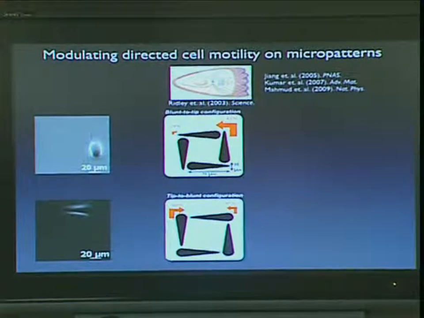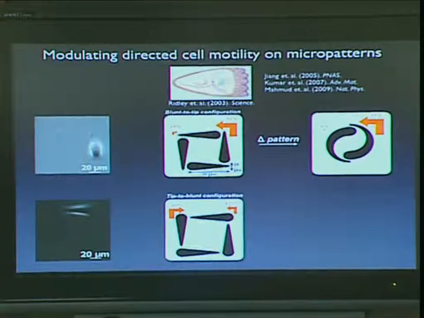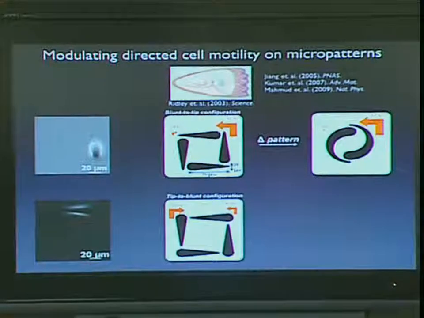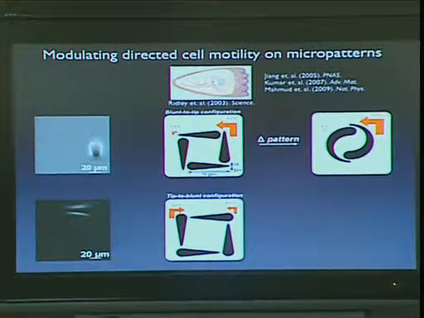So if we designed a pattern that would allow head-on comparison, no pun intended, between those two situations, what we find is indeed the preference is to jump out of the tip and onto the blunt. So this is a yin-yang pattern where only sideways jumps are possible, either from a tip to a blunt or the other way around, blunt to a tip. And the preference is highly skewed to a tip to a blunt jump, 90-10.